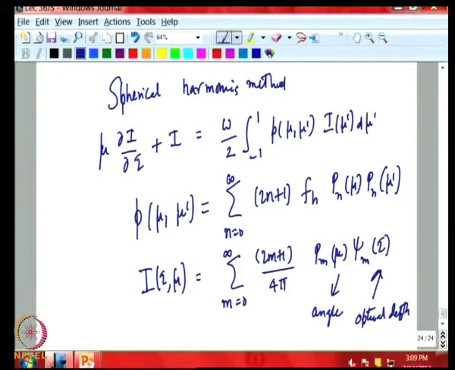So, when you substitute this back in that equation, you collect powers of like values of mu, because we want the equivalent value for any mu. So, you collect those functions with like values of mu, and you are able to get all the unknown constants Fn here, and this unknown function of the intensity as a function of optical depth.